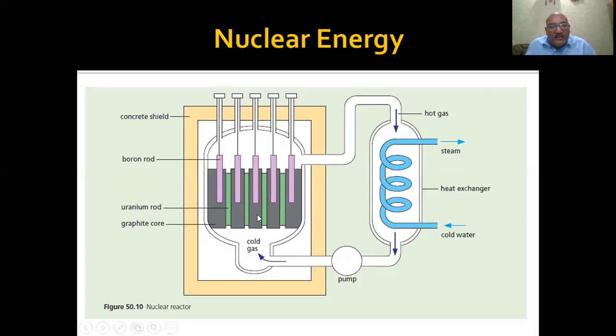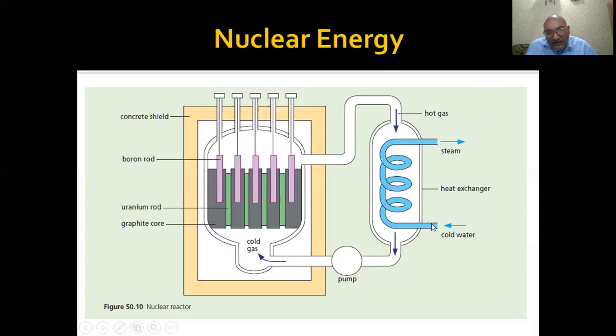When this is happening, a lot of heat is produced. And what we do is take a gas which is very cold and pump it in here. The gas gets very hot, and from here it goes out, and from here it's coming back. And inside this blue pipe we have water, and it's going.